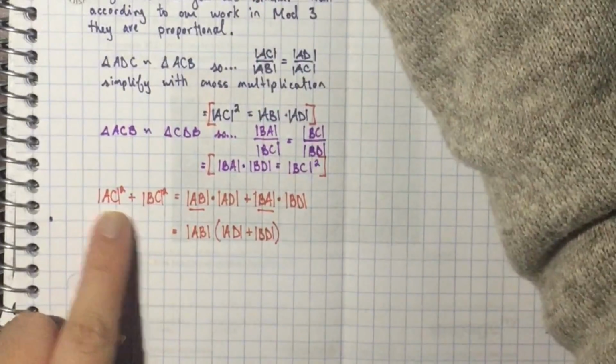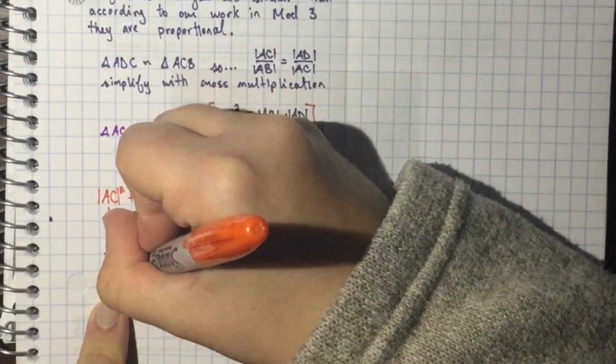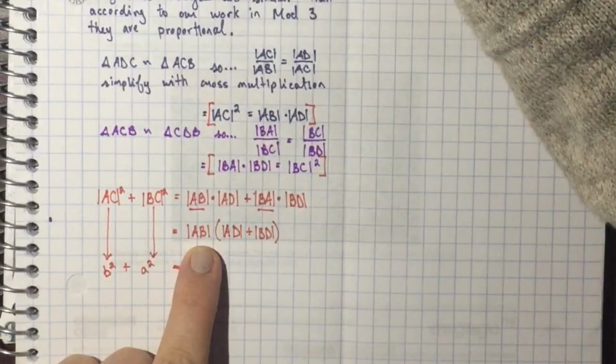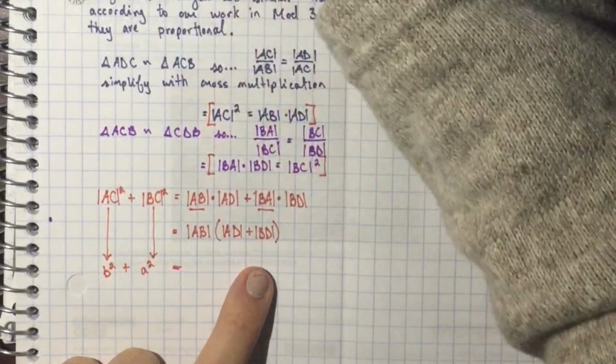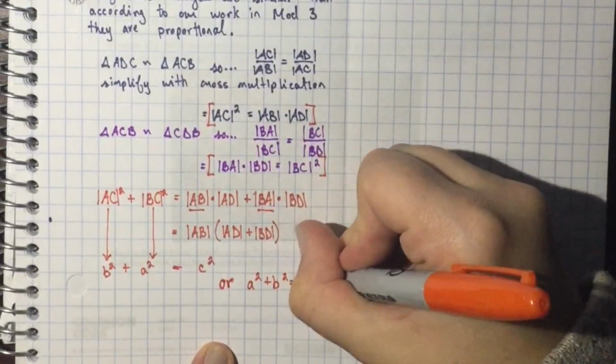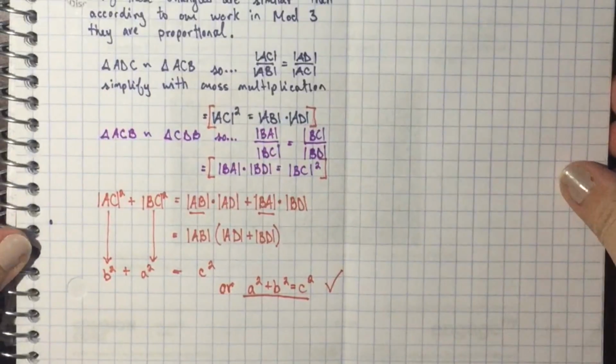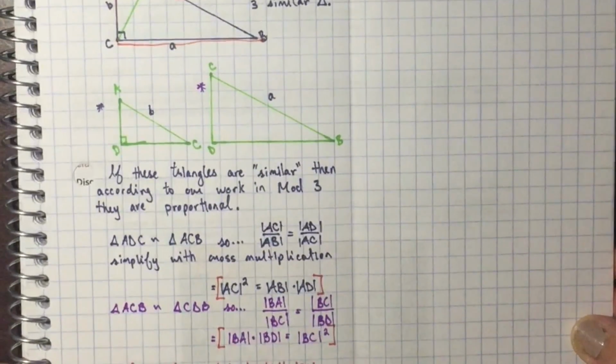And then I still have AC squared, which is actually the side length B squared, BC squared, which is the side length A squared, equals AB, which is the whole side C, times AD plus DB, which also is that whole side C. So really I have C times C, which is C squared. So when I compare the side distances to the formula, it's clear that I can simplify down to the Pythagorean theorem, which demonstrates that it is true.